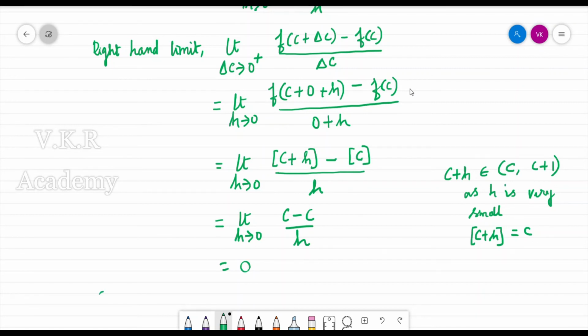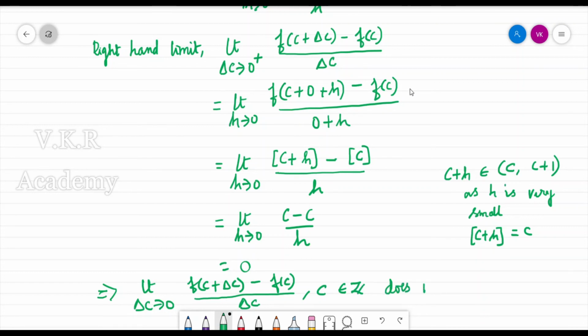This implies limit delta c tends to 0, f of c plus delta c minus f of c by delta c does not exist for c belongs to an integer. Whenever c is an integer, the limit does not exist.